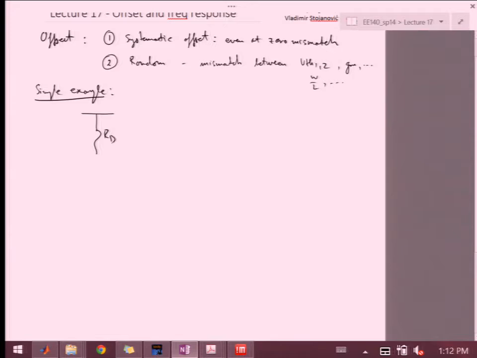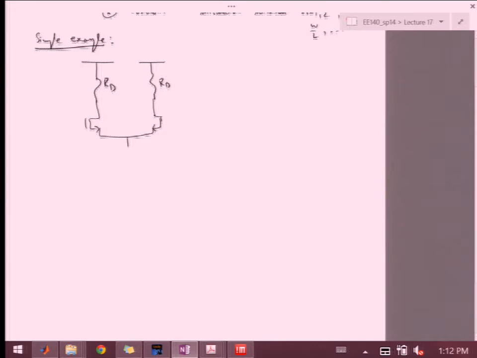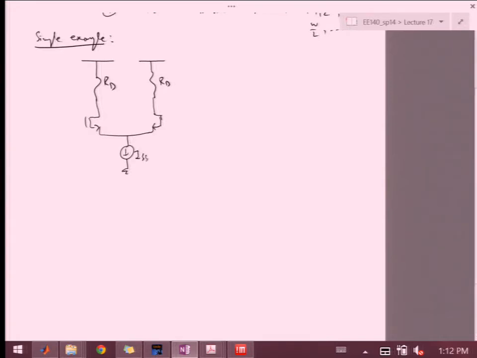If we take a look at our usual resistively loaded diff pair, let's consider a few examples here.